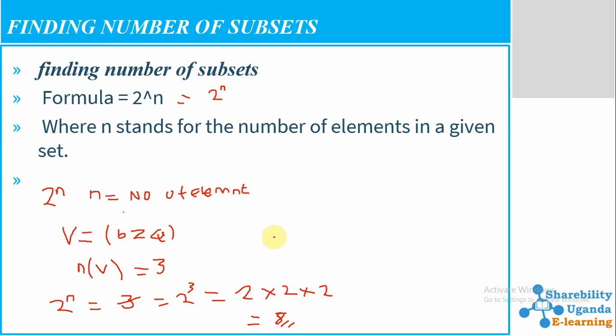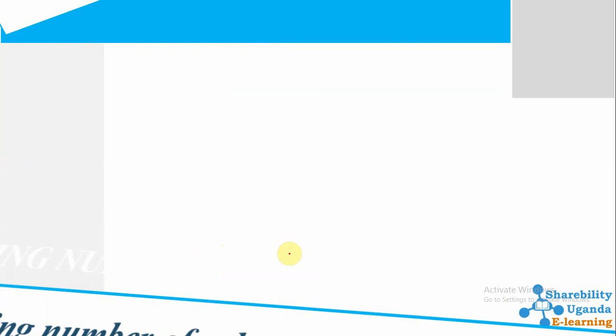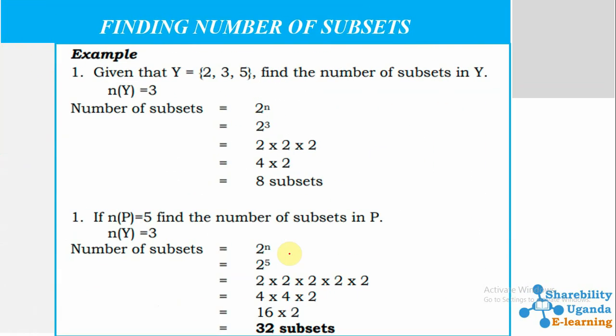So let's proceed and see how we find numbers of such a category. We have an example now. Question 1 is saying, given that y is equal to 2, 3, 5, then find the number of subsets in y.